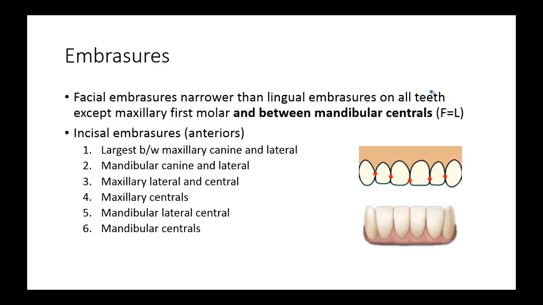And what this means is the lingual surface of the teeth are usually thinner than the facial surface, because if you think about it, if we were just looking at this occlusally, if the facial sides of teeth are bigger than the lingual sides, then the embrasures are going to be wider on the lingual side than on the facial side.